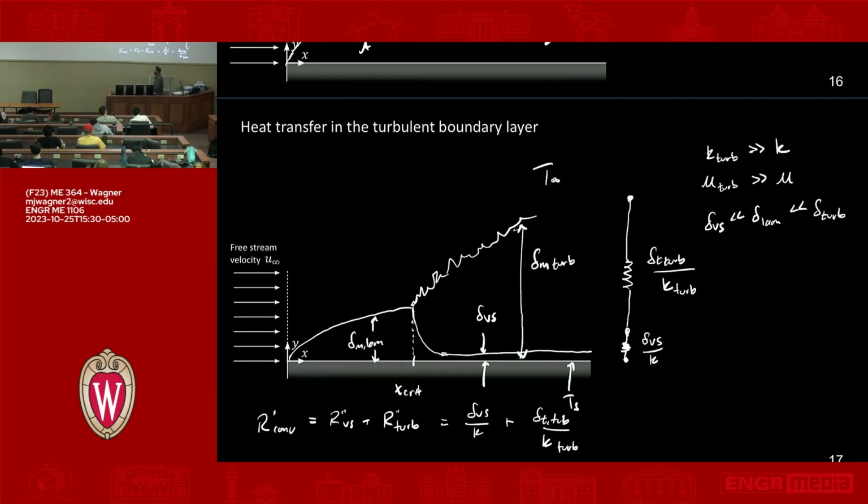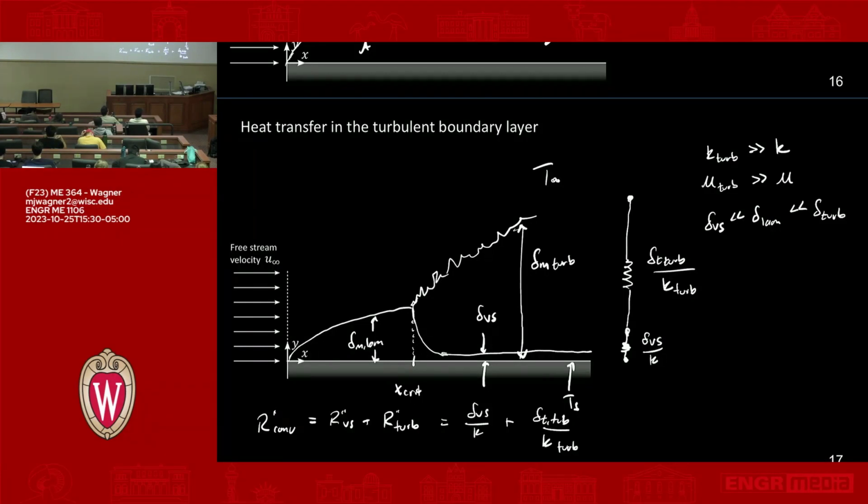So what do we do with this? What we're trying to do is figure out, say, the heat transfer rate based on the resistance. So we have delta Vs over K. As long as I have a model for the viscous sublayer, I can estimate its thickness, I can look up conductivity, and I'm good.